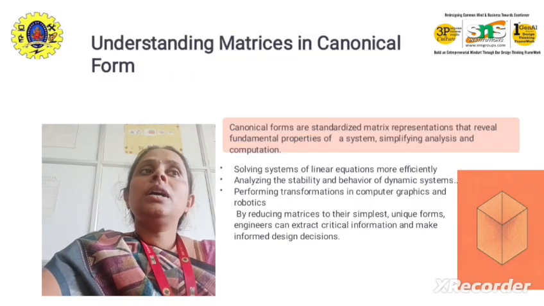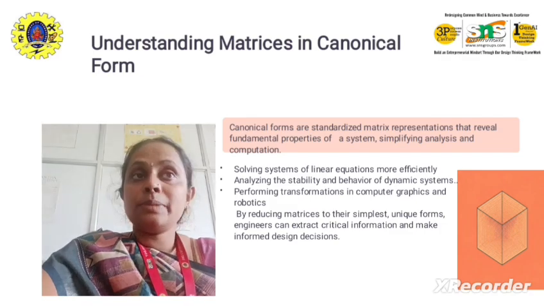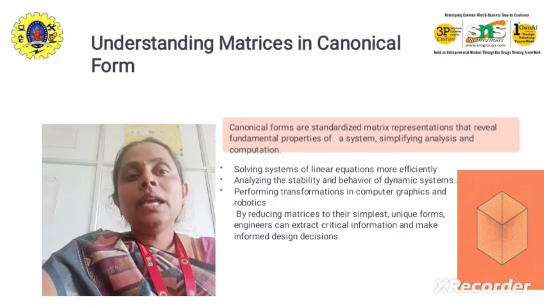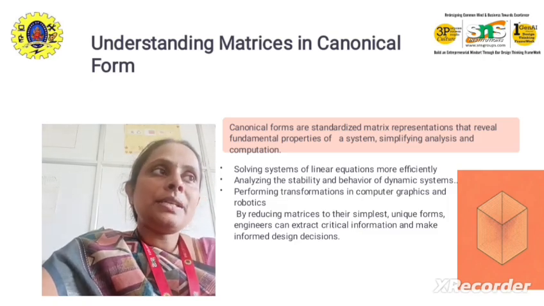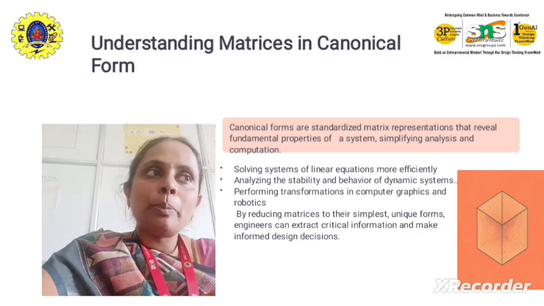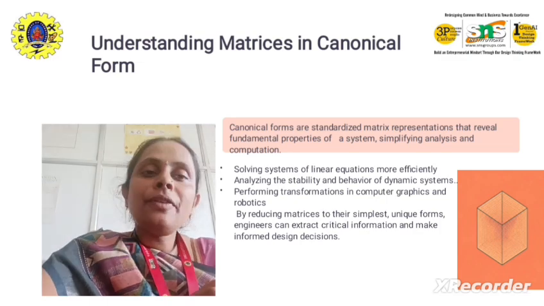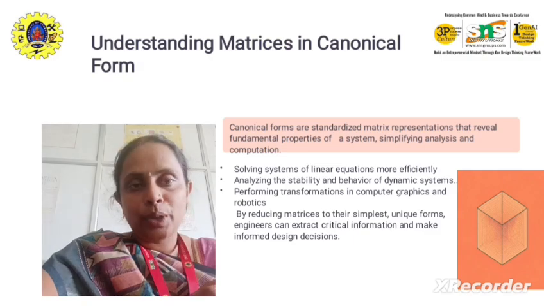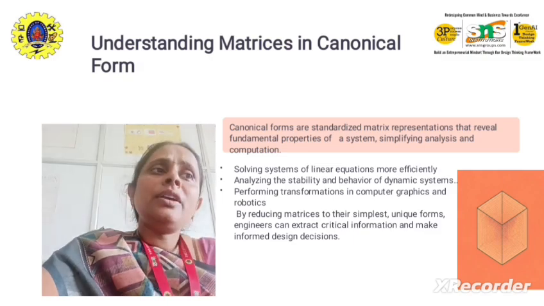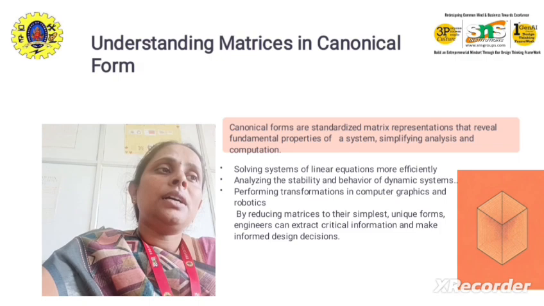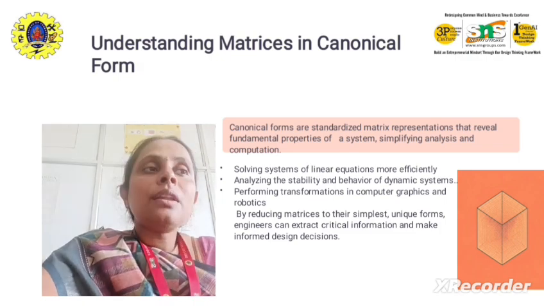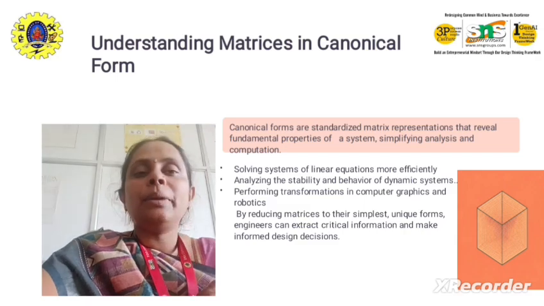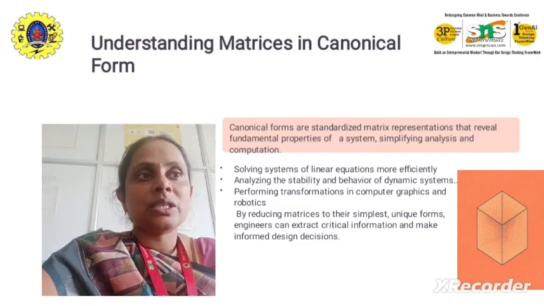Next is understanding matrices in canonical form. Canonical forms are standardized matrix representations that reveal the fundamental properties of the system, simplifying analysis and computation. Here we solve systems of linear equations more efficiently and analyze the stability and behavior of dynamic problems.